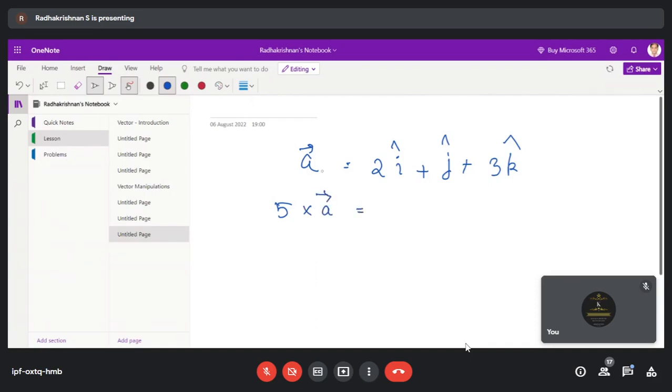Simply we multiply the three components by the same scalar. So 2 into 5 is 10, 10 i cap, plus 5 j cap, plus 15 k cap.